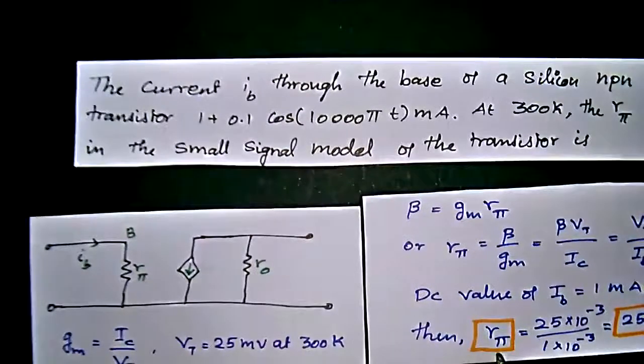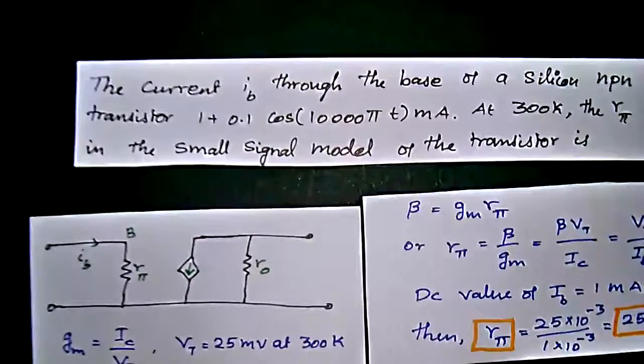Then R pi equals 25 millivolt, since VT at 300 Kelvin is found by research, so 25 into 10 power minus 3 divided by 1 into 10 power minus 3 amps. The 10 power minus 3 terms cancel, so we get 25 ohm. That is the R pi they asked for in the problem.